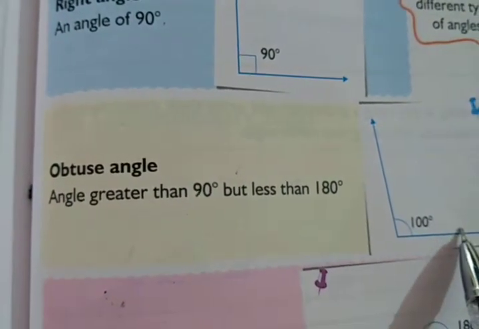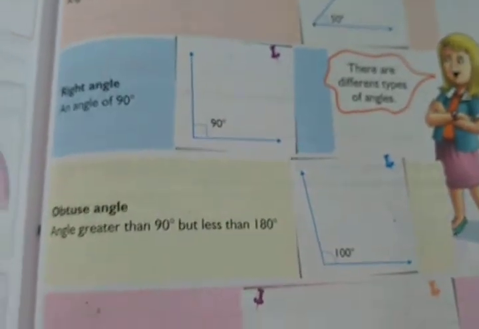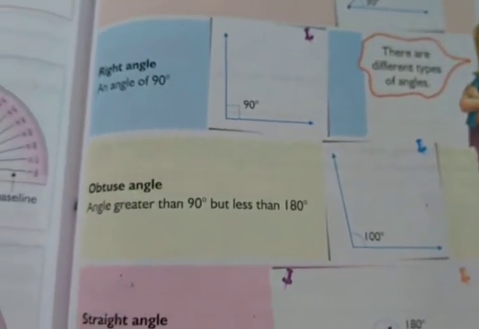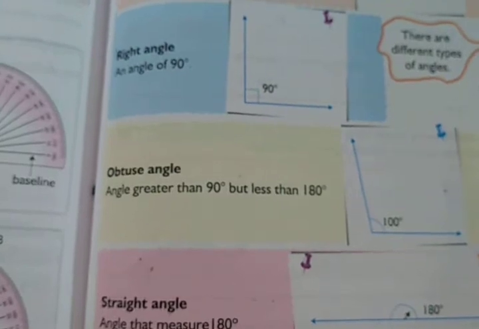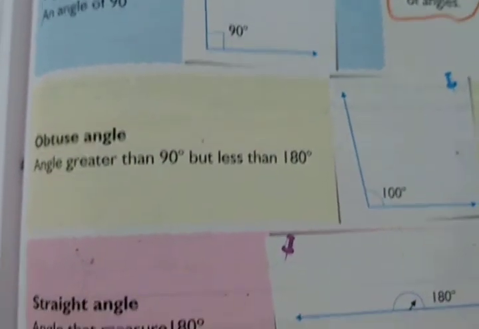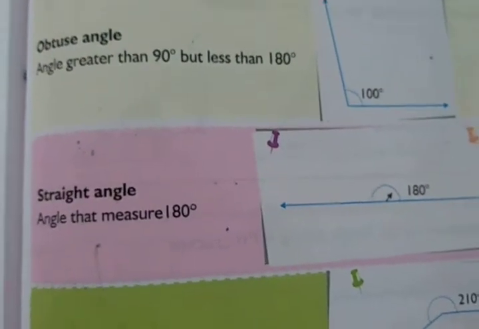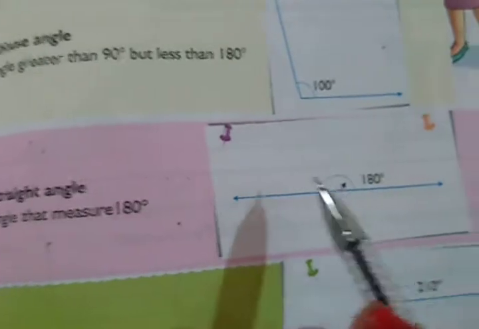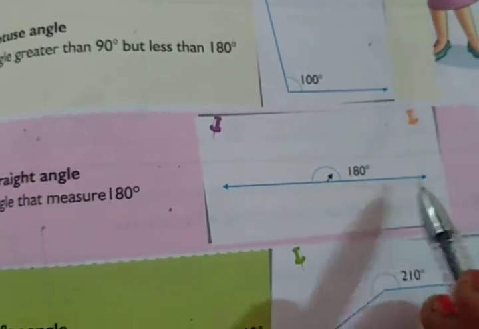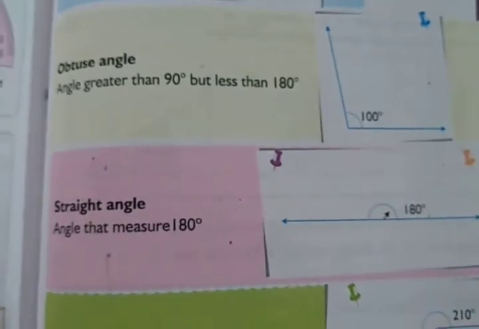This type of angle is called an obtuse angle. Then straight angle, that measures 180 degree. This angle of measure 180 degree is called a straight angle.